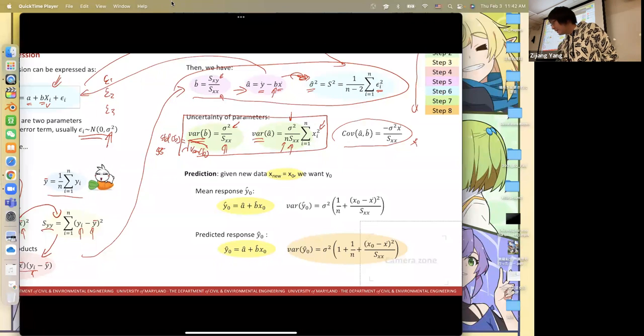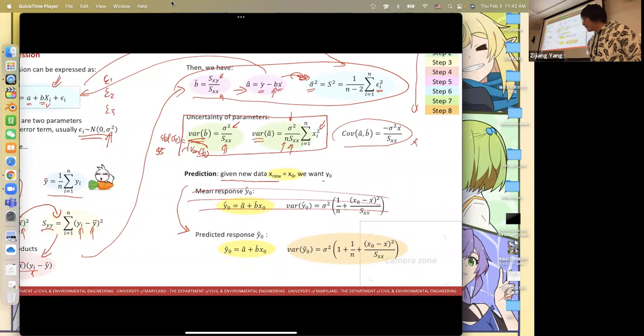Now let's look at if we have a new data point, x0, and we want to calculate the new y. For the new y, this is easy. We just plug the new x0 into the linear relation.